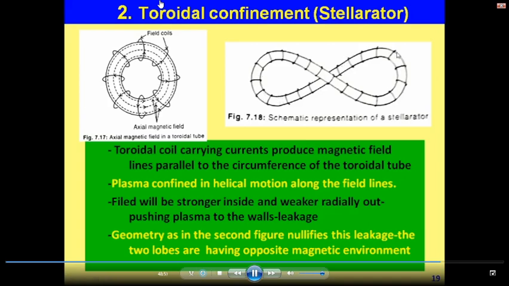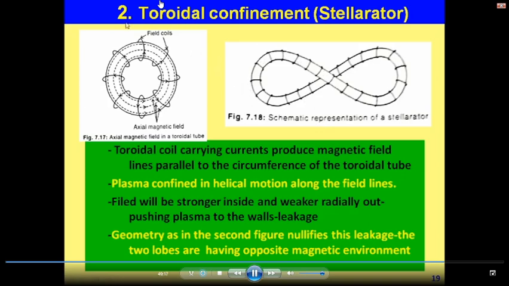So that drift tendency is nullified when it completes one complete helical motion. The geometry as in the second figure nullifies this leakage. The two lobes have opposite magnetic environments, so whatever leakage tendency is there in this lobe will be nullified in the left lobe.